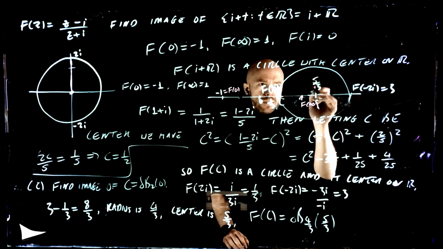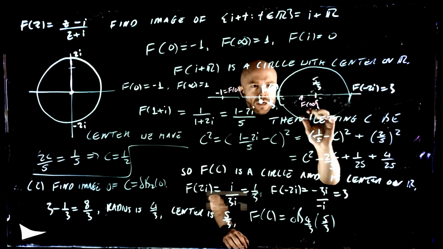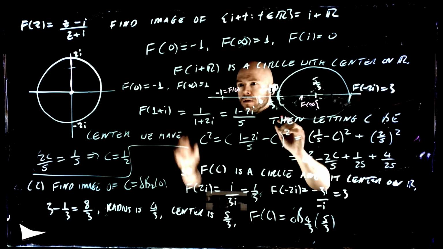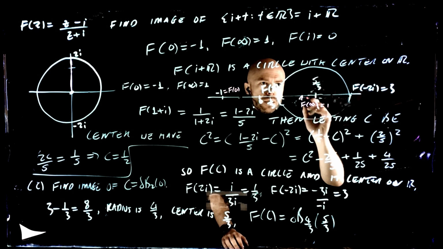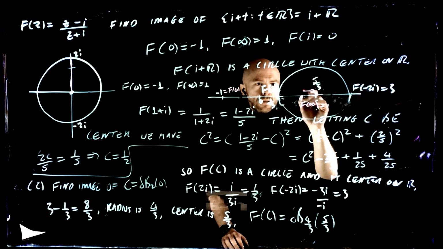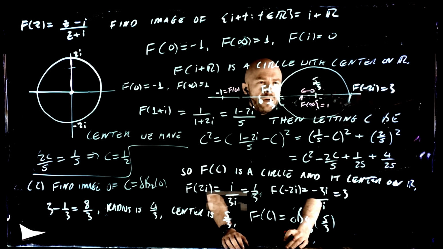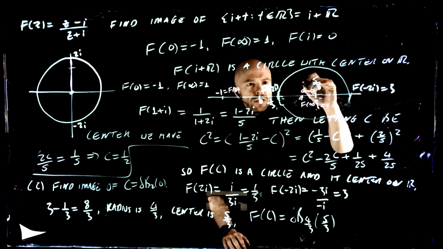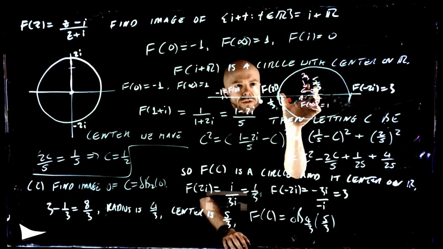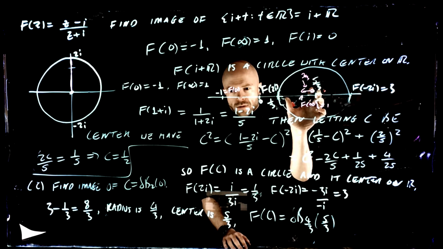So what is this distance here? So again, f of infinity is 1. So this distance here is what? It's just 2/3, this distance, right? And the radius of the circle is 4/3, right?